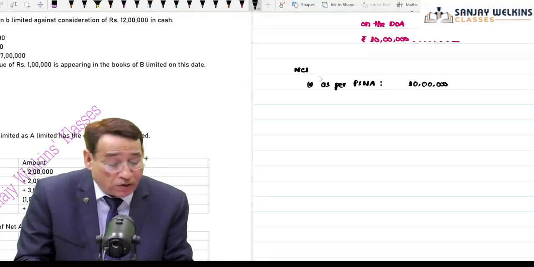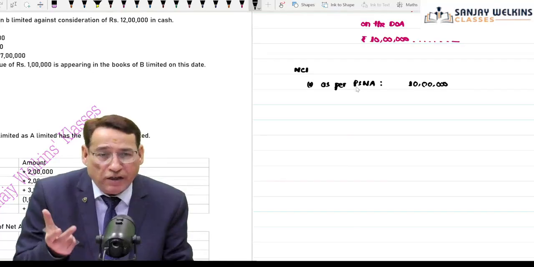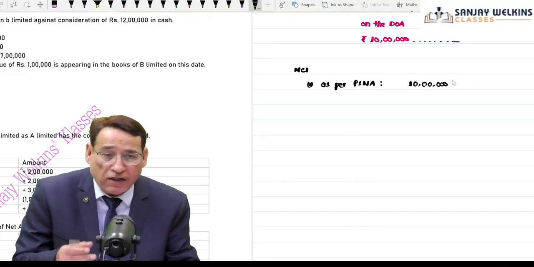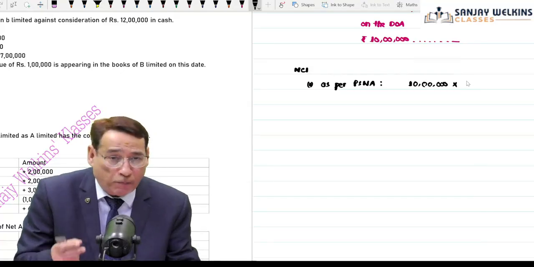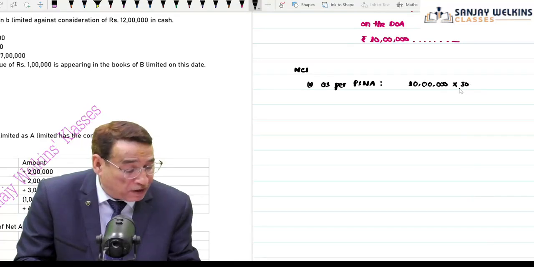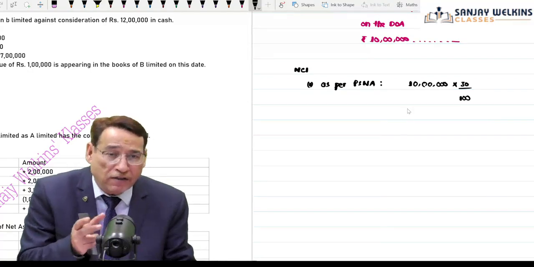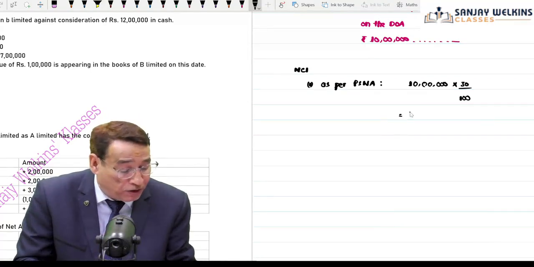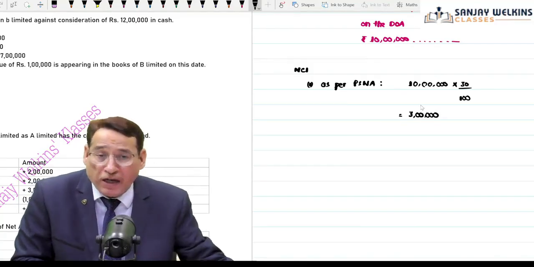So in order to compute NCI on the basis of PSNA, I will take the net assets on the date of acquisition and multiply them by the proportion of NCI, which is 30%. So on the date of acquisition, total net assets of the acquiring entity are 10 lakh, and out of 10 lakh, 3 lakh worth of net assets belong to NCI. That is what we mean by NCI.